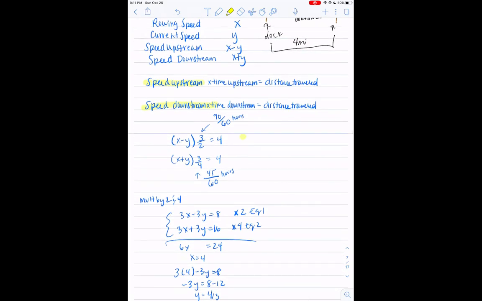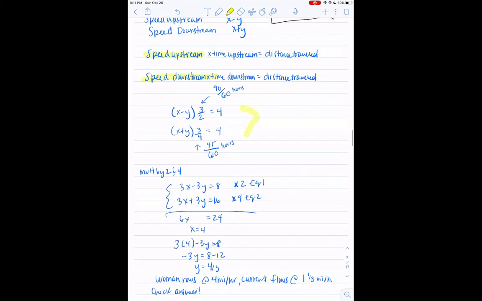So these are my two equations for my system. I multiply the first one by 2 and distribute to cancel out the fraction, so I get 3x minus 3y equals 8. I multiply the second one by 4 to cancel the fraction, and I distribute, and I get 3x plus 3y equals 16.